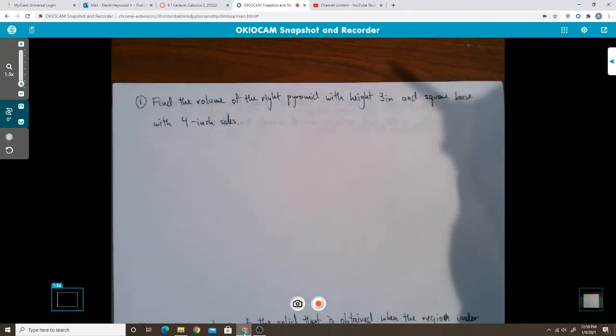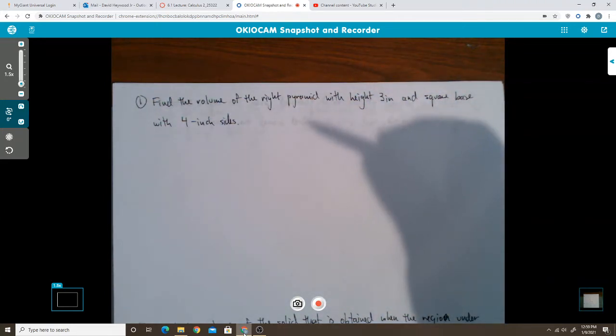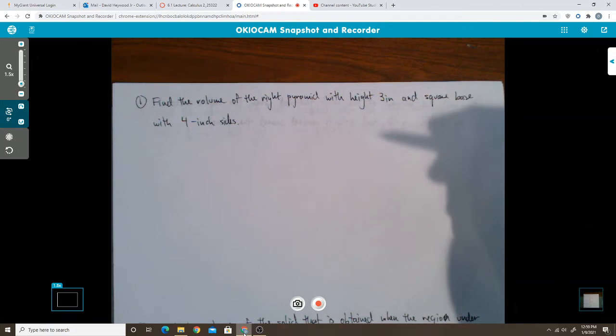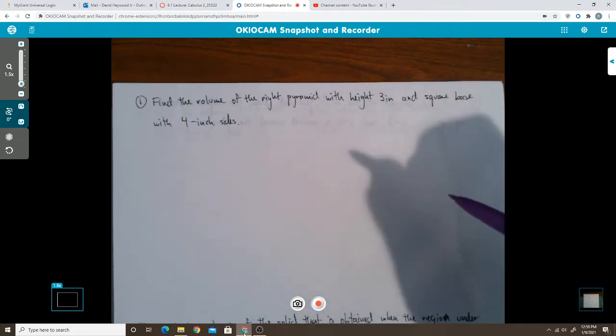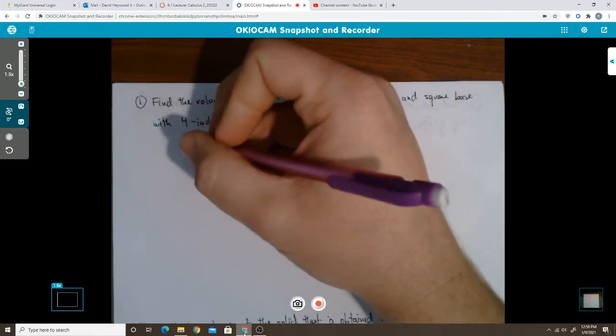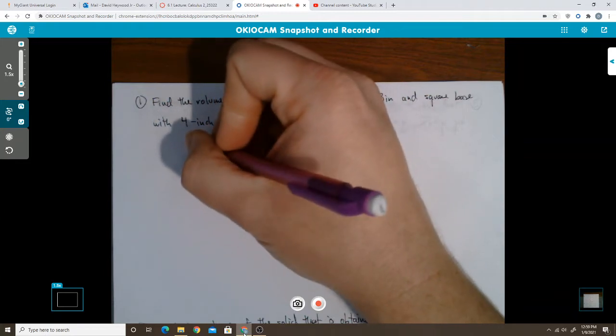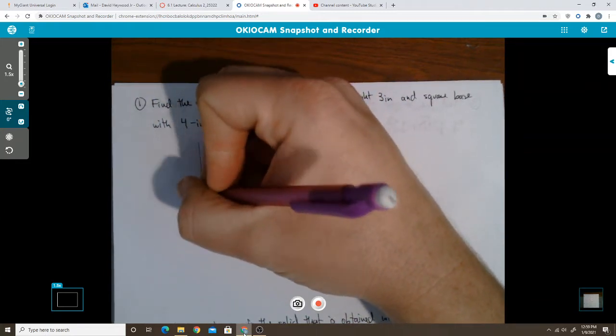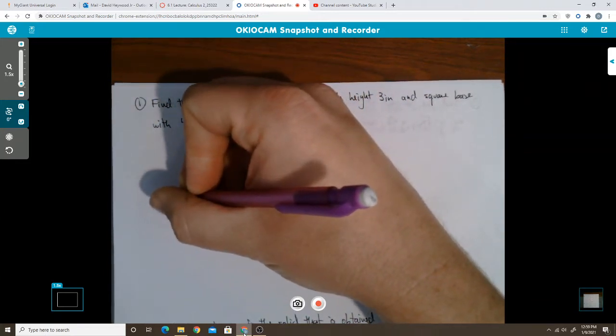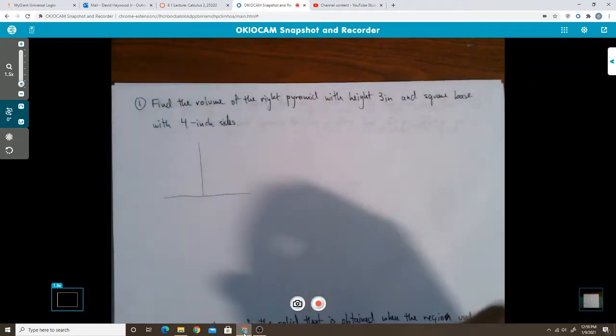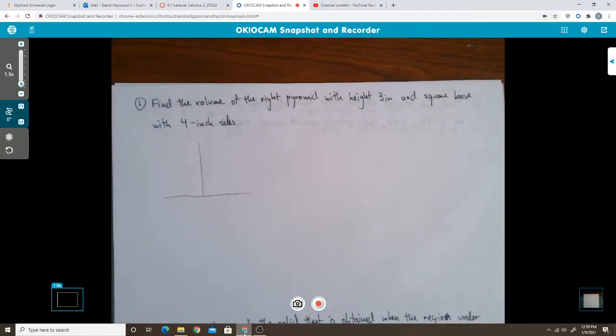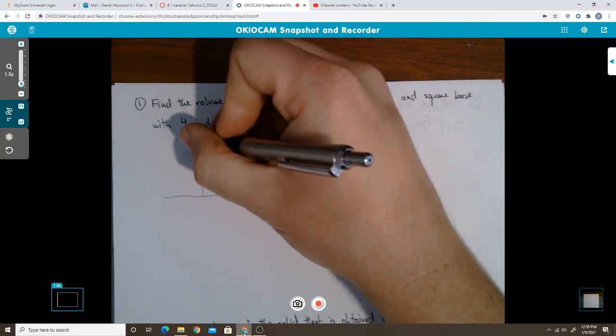Actually, I'm going to draw this pyramid on a coordinate system, and I'm going to choose where to place it, and I'll draw the axes in black.